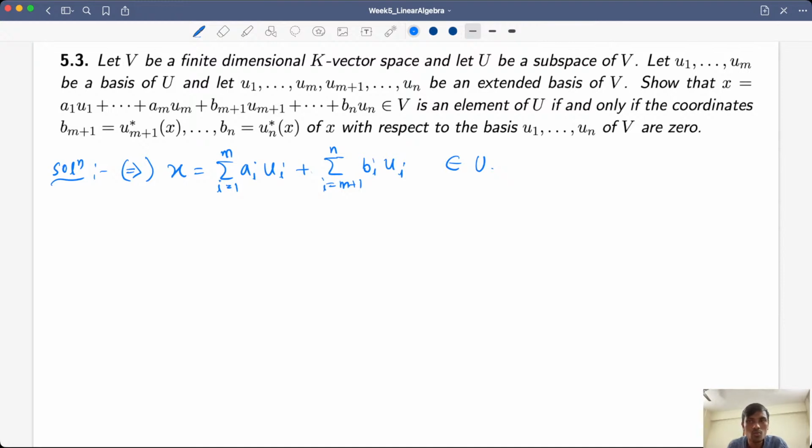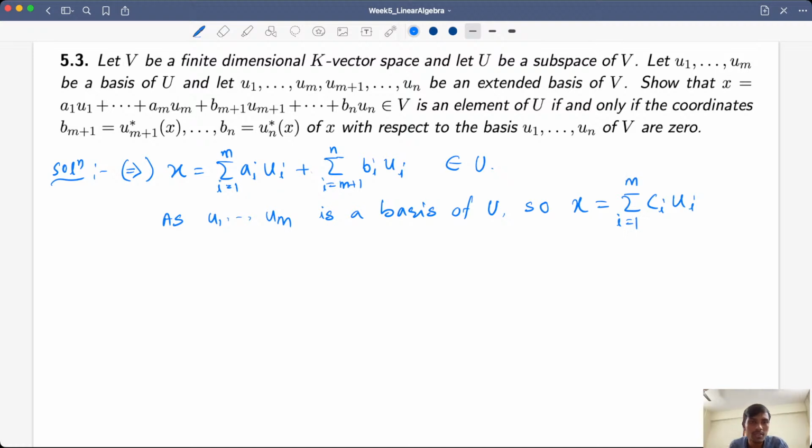As x belongs to U and u1 up to um is a basis of U, I can write x equal to the sum of ci ui, i equal to 1 to m.